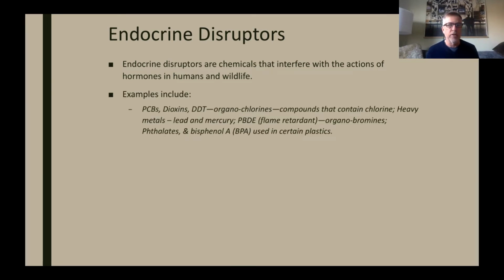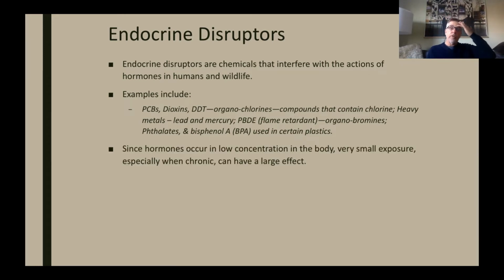Examples are abundant, and they include chemicals, some of which we've heard of, such as PCBs, polychlorinated biphenyls, we talked about earlier, dioxins, we'll talk more about later, DDT, the pesticide that caused the decrease in population of the bald eagle, heavy metals such as lead and mercury, which we'll talk more about in the water pollution unit, PBDE, a flame retardant, which are members of the organobromine class, and we talked about those when we saw the film on climate change, phthalates, which we're going to talk more about in a little bit, and bisphenol A or BPA, which are used in certain plastics and you may have heard about.